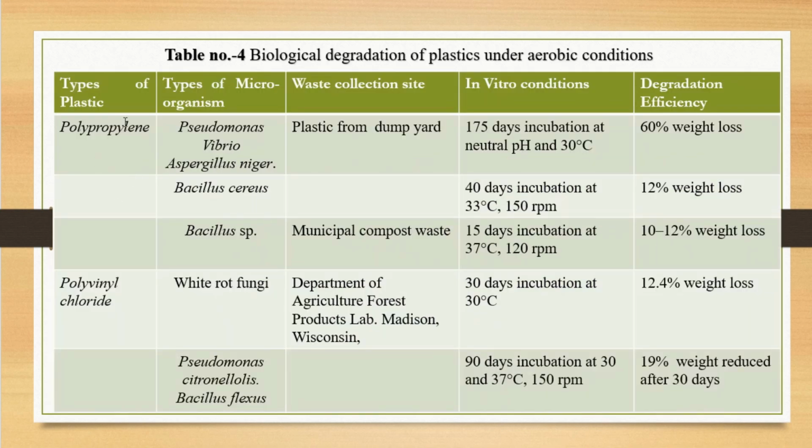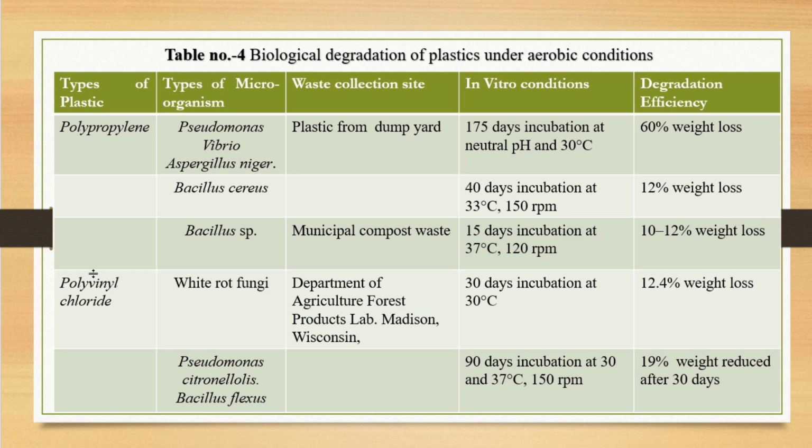When polypropylene is treated with this type of bacteria at 150 days incubation at neutral pH of 30 degrees Celsius, and 40 days incubation at 30 degrees Celsius at 150 RPM, the weight loss is 60% and 12%.